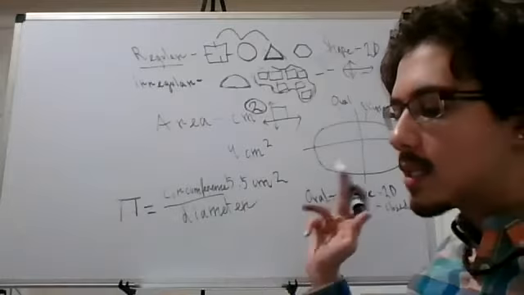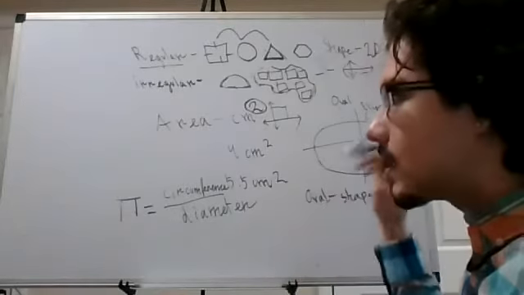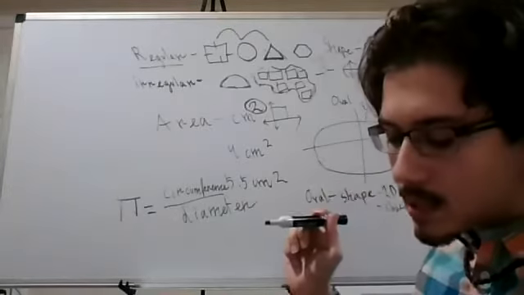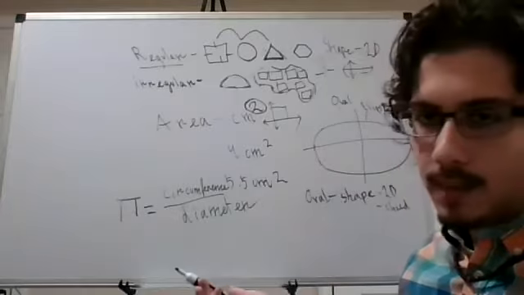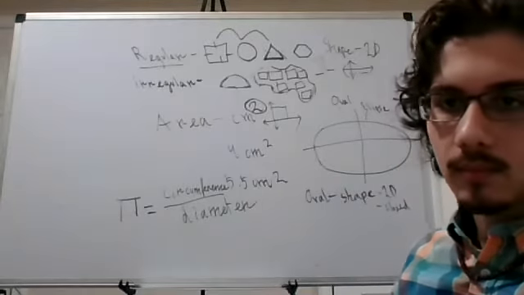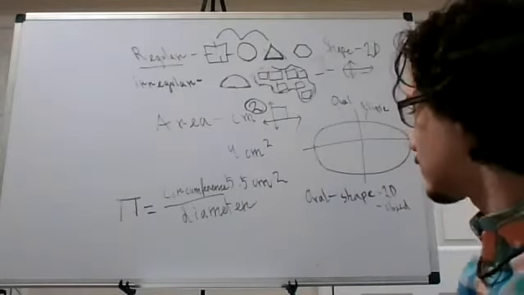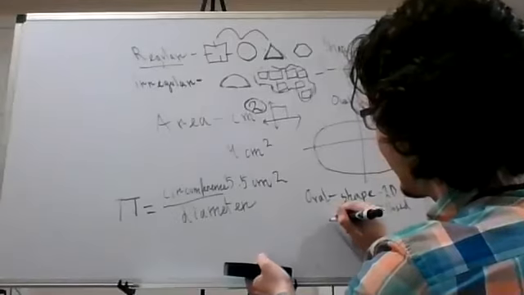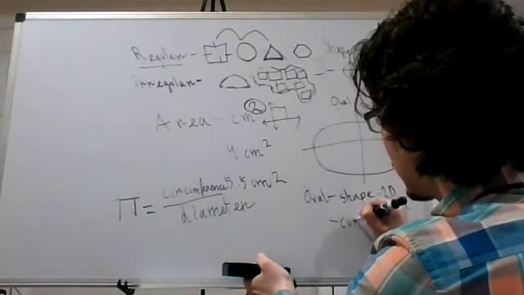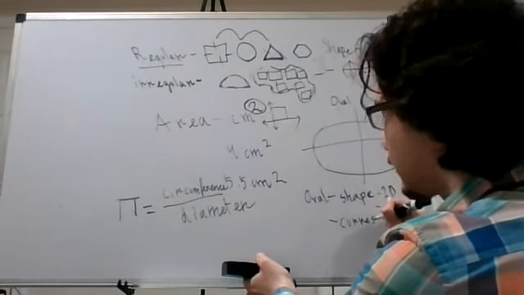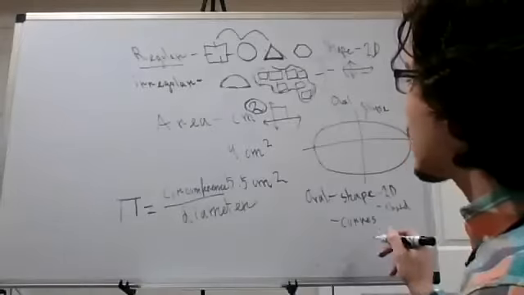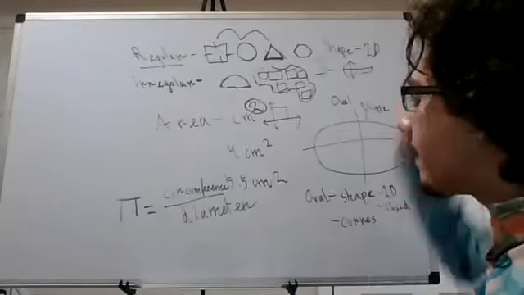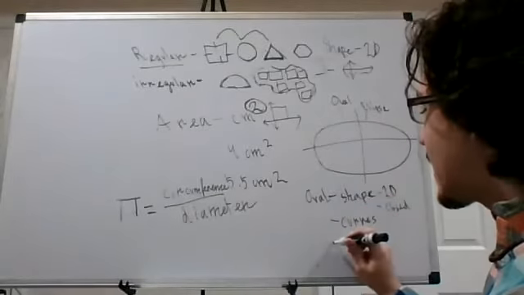Now, does the oval have straight lines or does it have curves? It has curves, sir. Curves. So since it has curves and it doesn't have flat lines on it, does it have any sides?